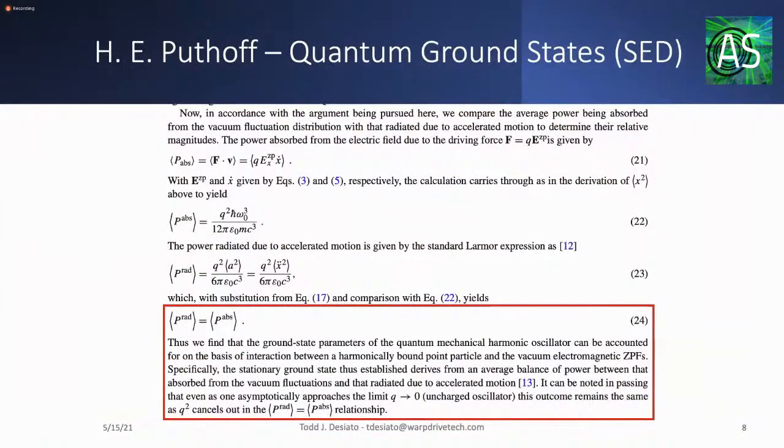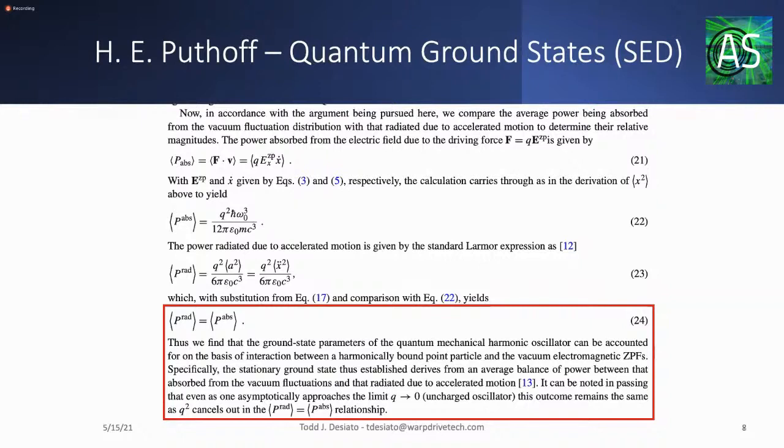So here's another version of it from Hal Puthoff, and it's much easier to understand than QED, and that's why I prefer this. It comes from his paper, Quantum Ground States as Equilibrium Particle Vacuum Interaction States. He shows clearly, as did Milonni, that the power radiated by the oscillator is balanced by the power absorbed from the vacuum field, the 0-point field vacuum fluctuations.